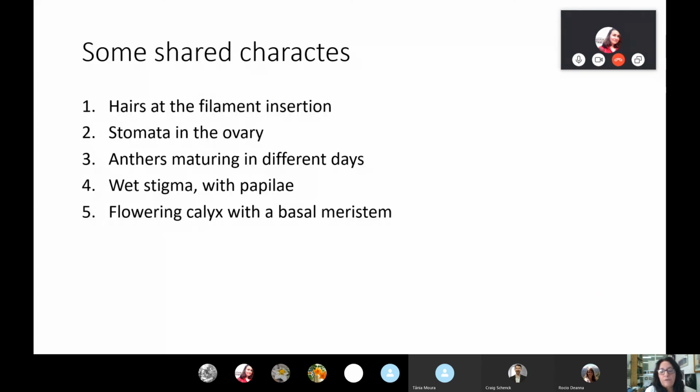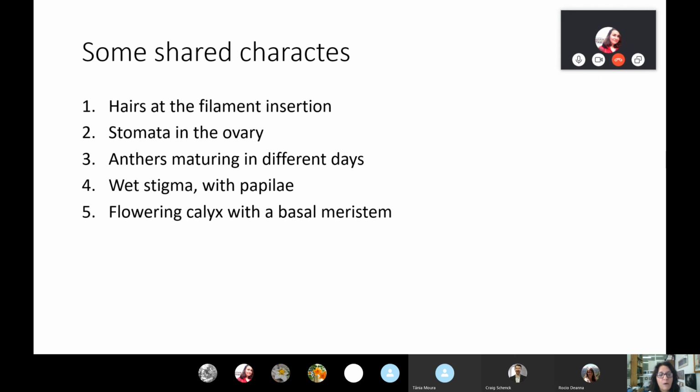All the flowers I have seen so far have a dense or not so dense tuft of hairs where the filaments get inserted. They have stomata in the ovary, which suggests they form nectar. Anthers mature on different days, and therefore they have different sizes.